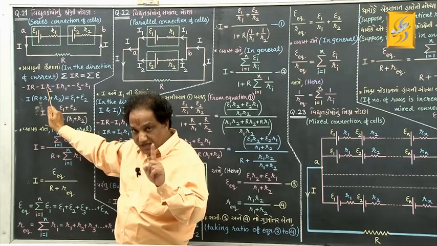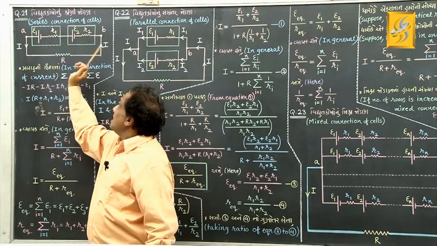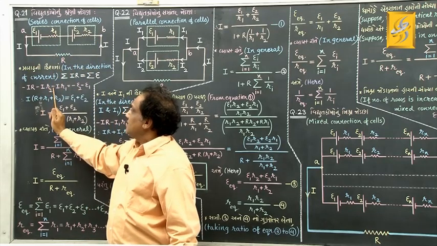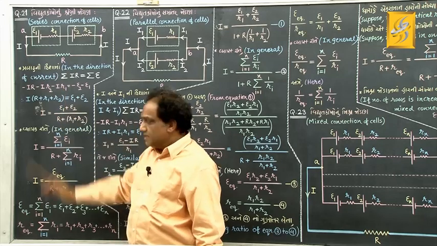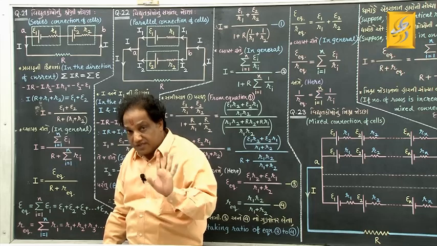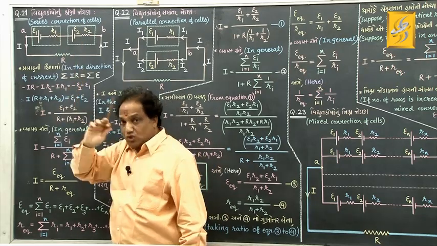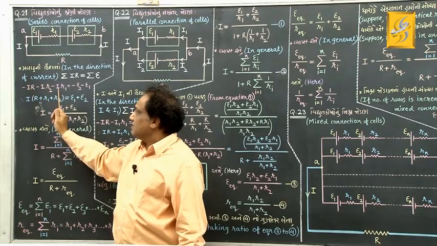Still our journey is in the direction of current only. Go ahead still, it is minus I into small r1. How many such terms will you have? Equal to the number of resistors. The number of resistors is 3, so you will have 3 such terms.